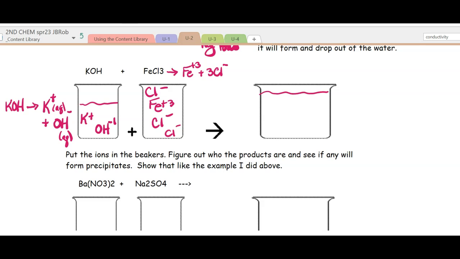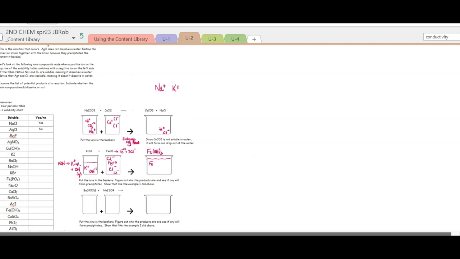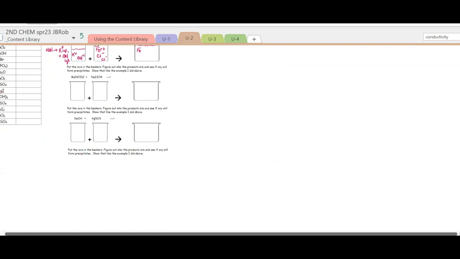So we will have potassium and hydroxide swimming around iron and chloride. But when iron and hydroxide get together, and we go over and look at that, we discover, well, iron hydroxide isn't soluble.